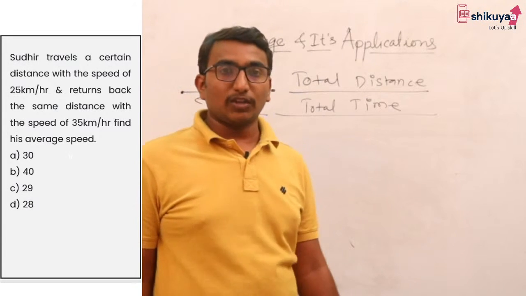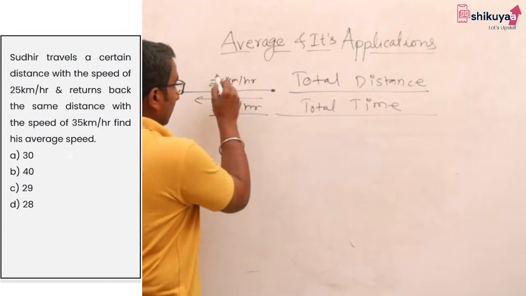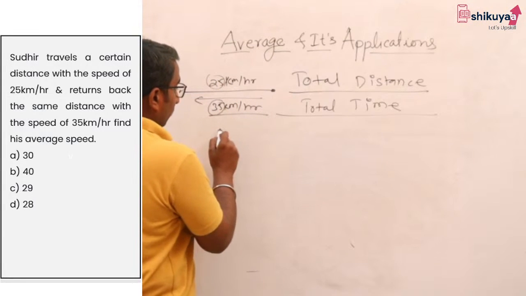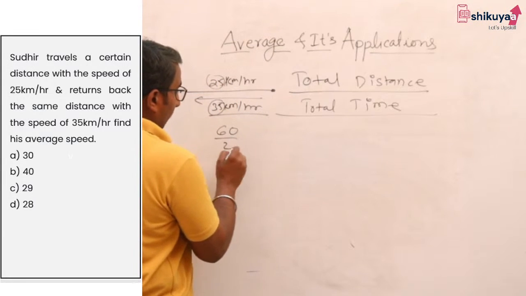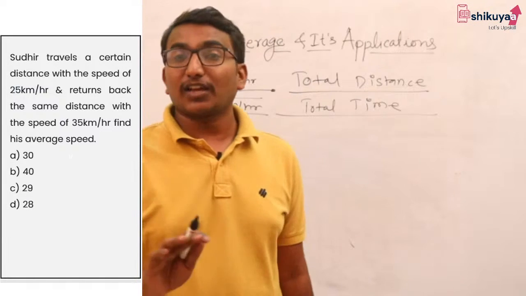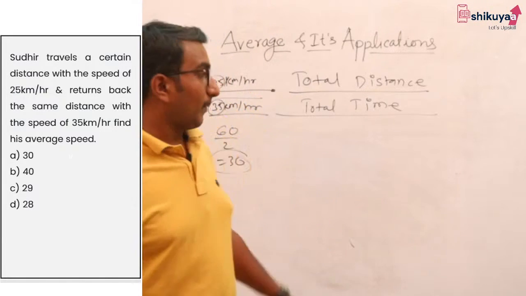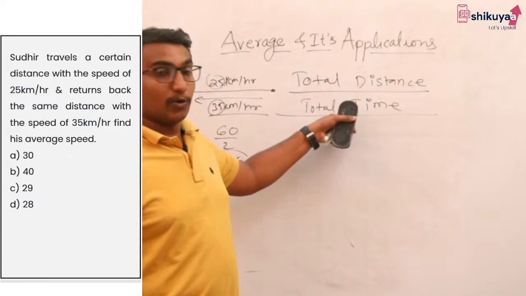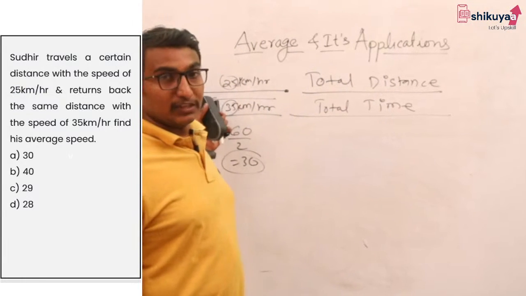Most of the students usually add 25 and 35, which comes to 60, divided by 2. Answer is 30. But students, 30 is not the correct option. Here the actual formula is total distance upon total time, so you cannot do it with this method.